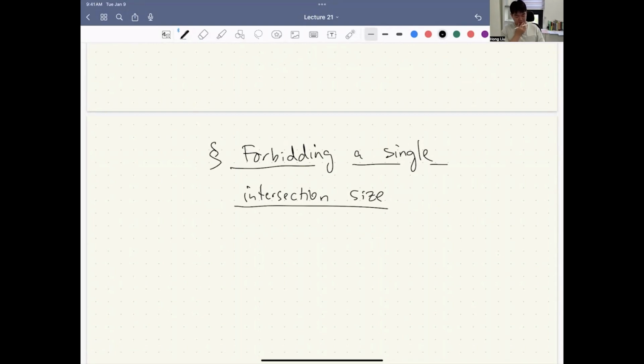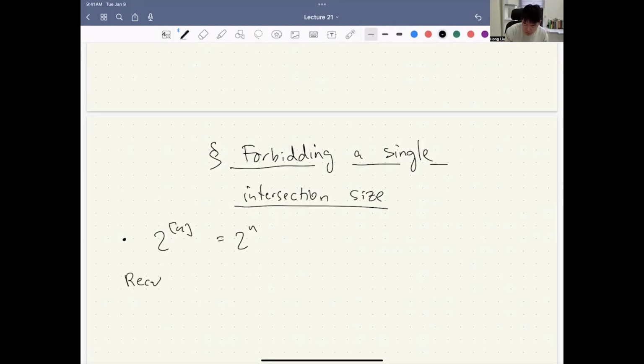So we have 2 to the n, the size of the family of all subsets of n. This is our universe, at least the universe we've been working with for a while. And while putting on a pairwise intersection pattern restriction, the size will get smaller.